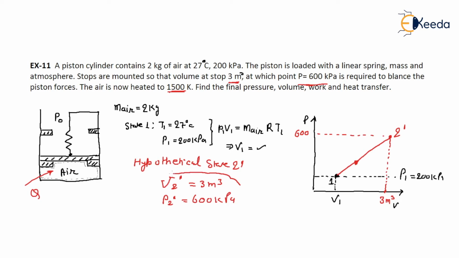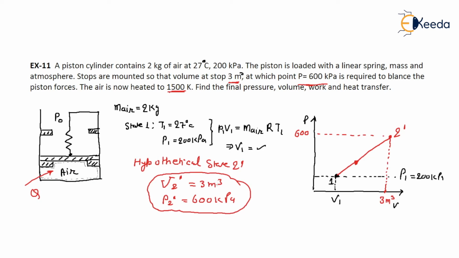So this is hypothetical. We cannot say that this is the final state. The final state is when you are supplying heat and the system reaches 1500 Kelvin. So at that point, what is the pressure and volume?